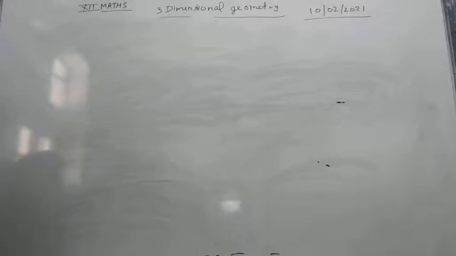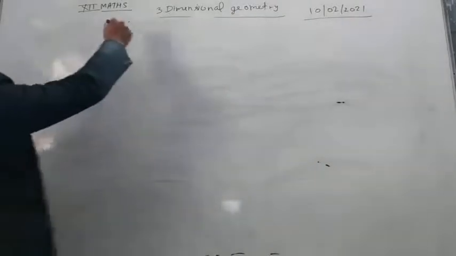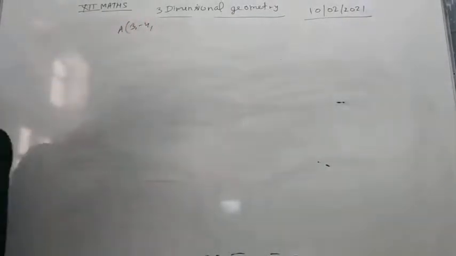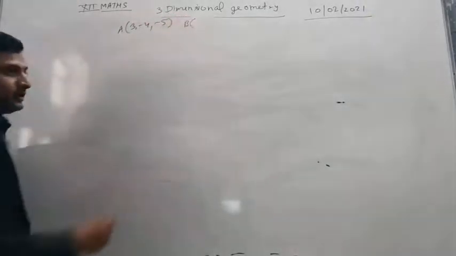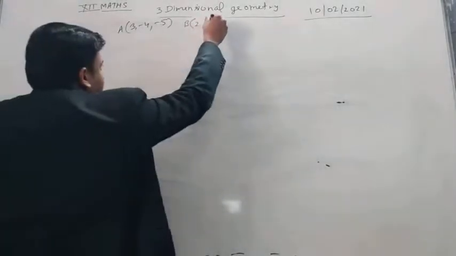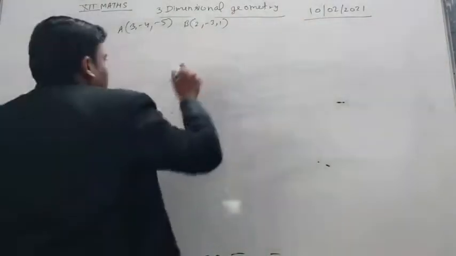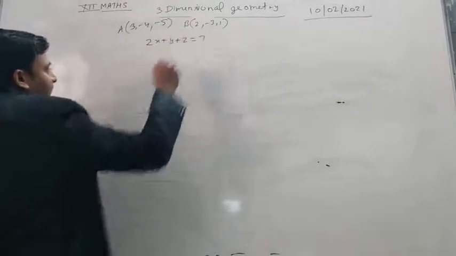So, students, we have to find the coordinate of the point where the line passing through the 2 points A, which is 3 minus 4 minus 5, and B, 2 minus 3 1, crosses the plane, and our plane is 2x plus y plus z equal to 7.